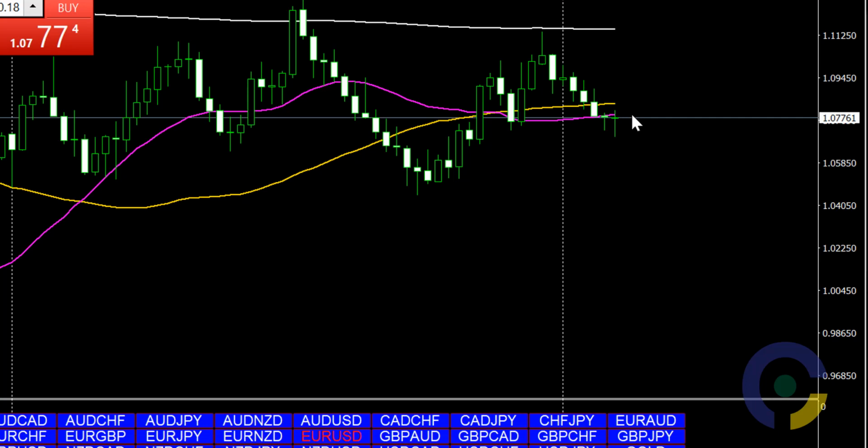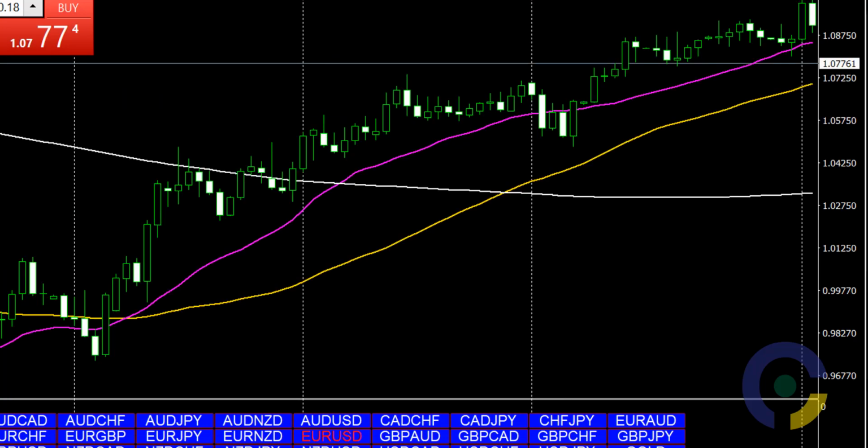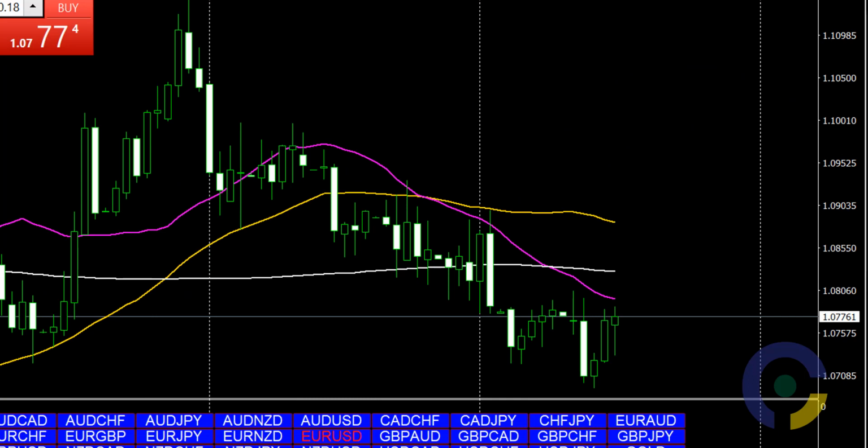So as the market resumes on Monday, let's quickly look at the daily charts. If you look at what has happened within the past 1 week, between Wednesday and Friday, you can see that there is a statement made here.